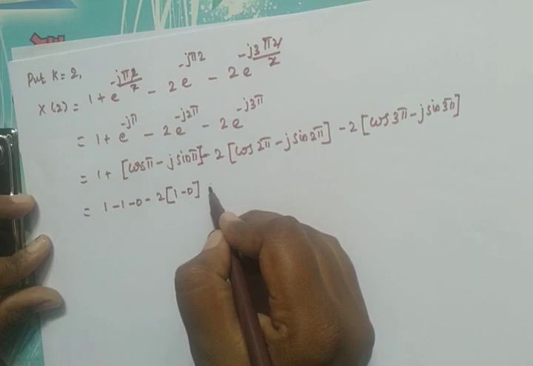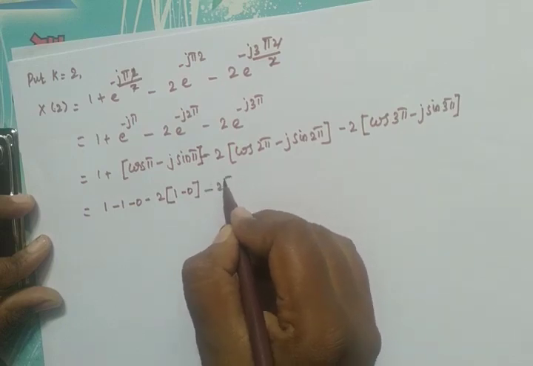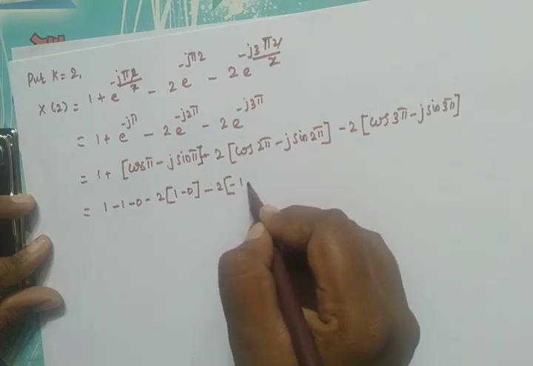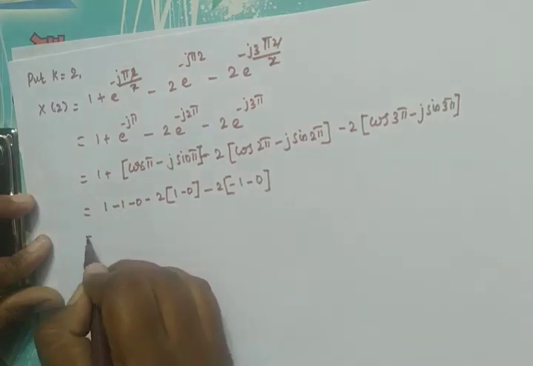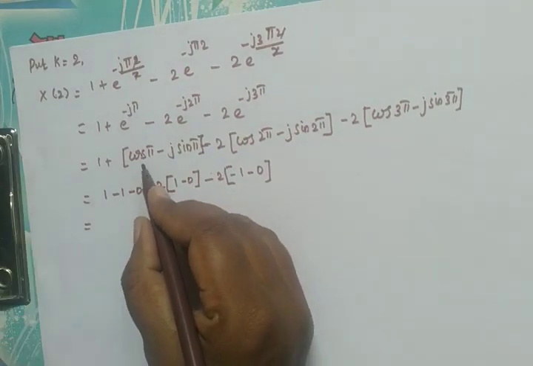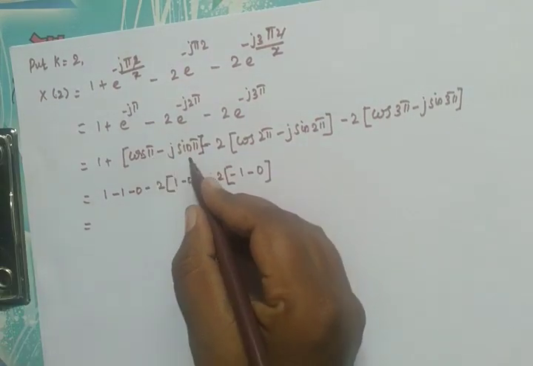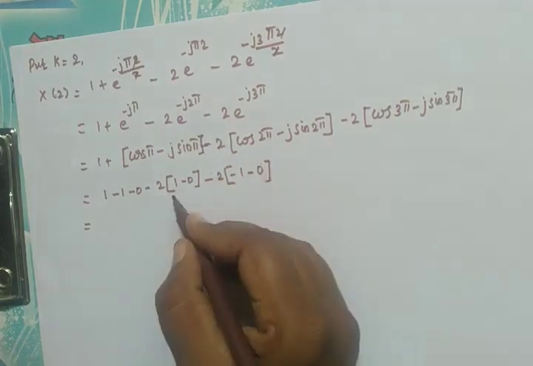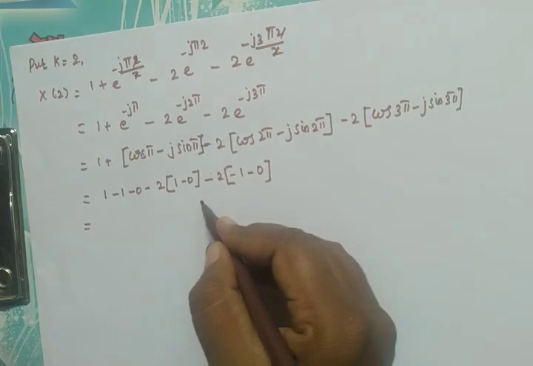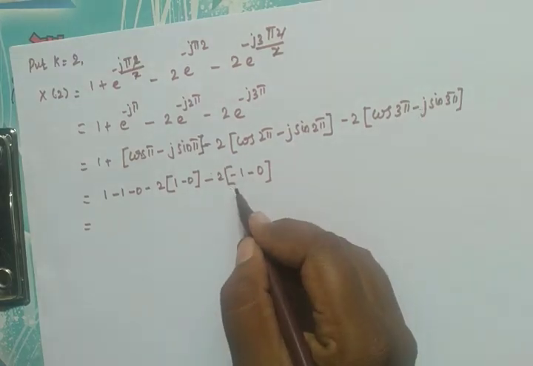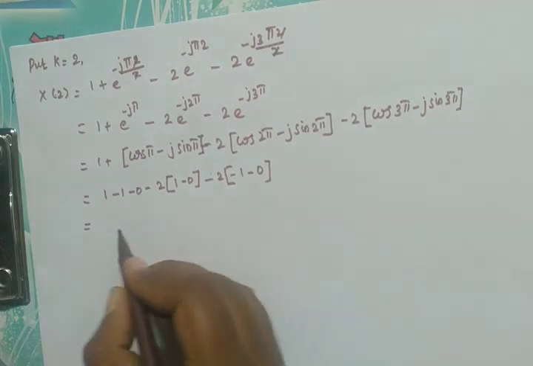You know very well, cos 180 is minus 1, sin 180 is 0, cos 2 pi is cos 360, which is 1, and for cos 3 pi, 3 into 180, we have minus 1, and sin is 0.